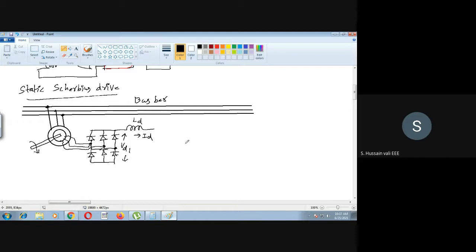Then you have another bridge on this side, but this is a controlled bridge.